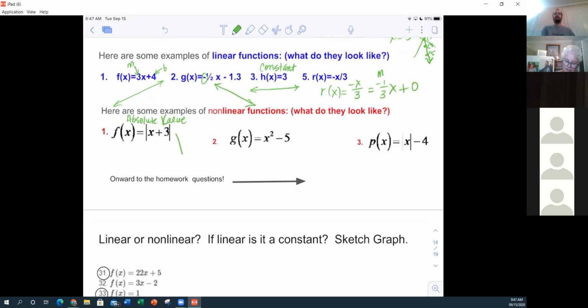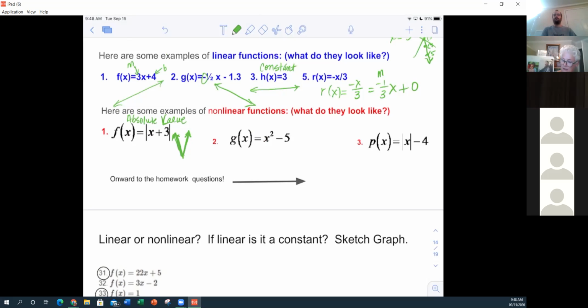And do you see why that is not linear? It doesn't have a constant rate of change. This ray has a positive slope, and this ray has a negative slope, going down from left to right. So that is not a linear function.